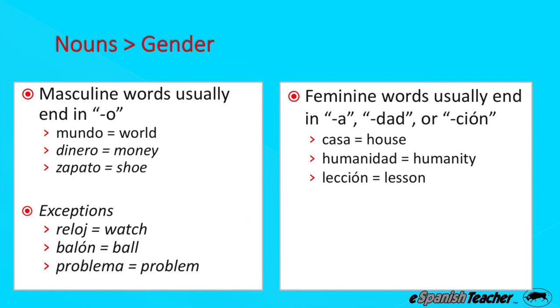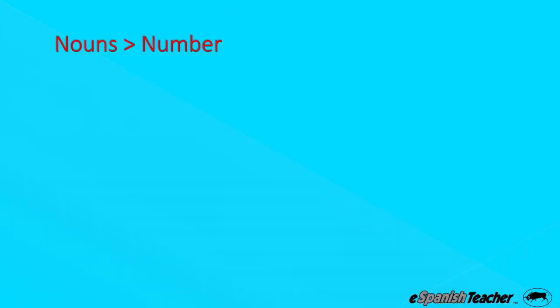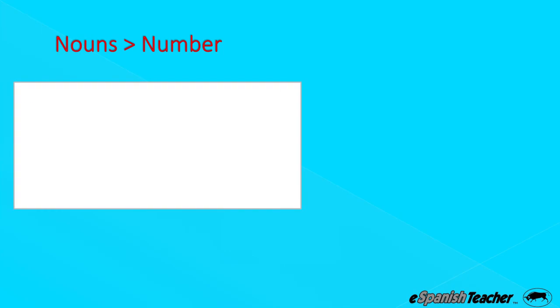It's simple, but these two rules are really good guides for you to understand the gender of a word or a noun. So masculine words generally are going to end in o. Feminine words are generally going to end in a, dad, or sion. Pretty basic.